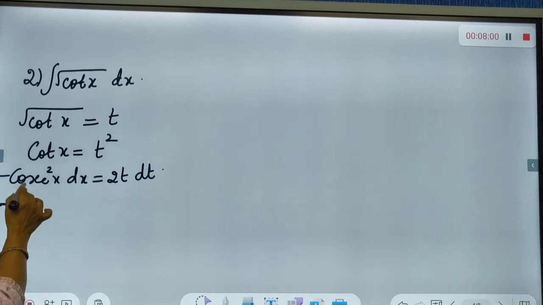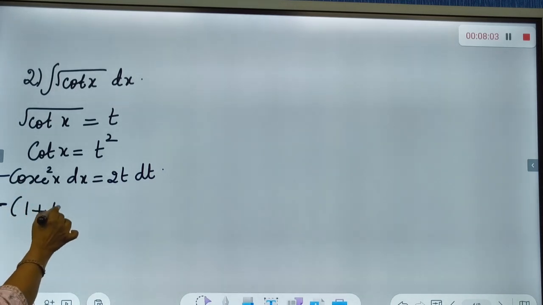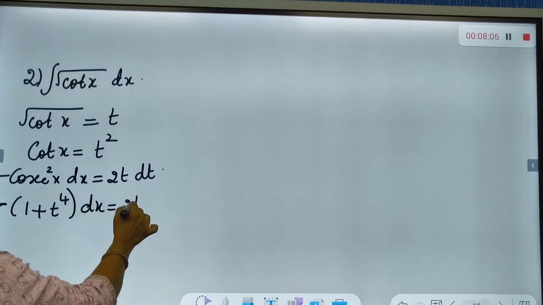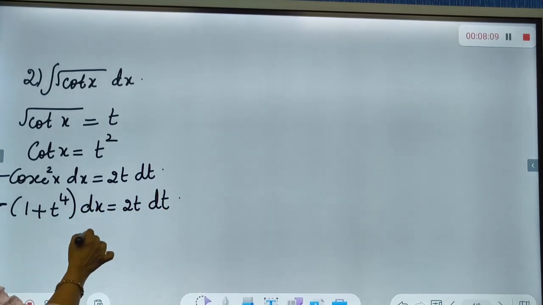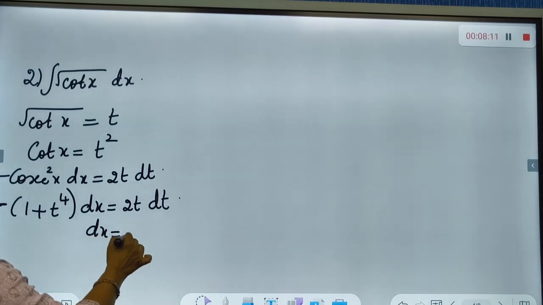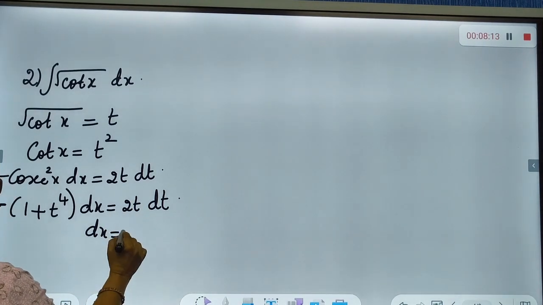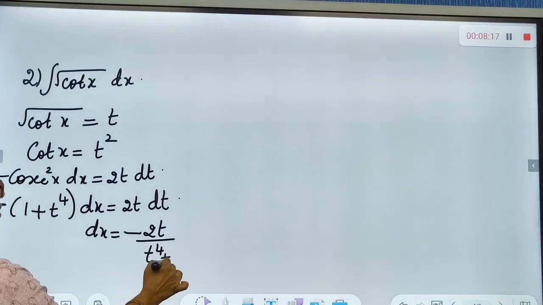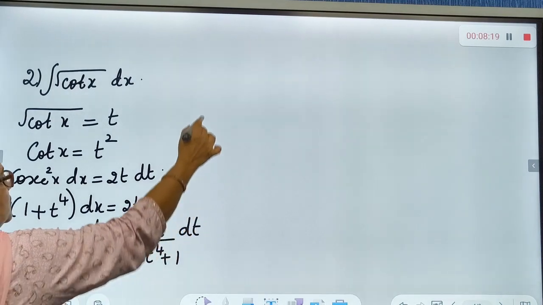Cosecant square x is 1 plus cot square x, which is 1 plus t power 4. So dx will be minus 2t by t power 4 plus 1 dt.